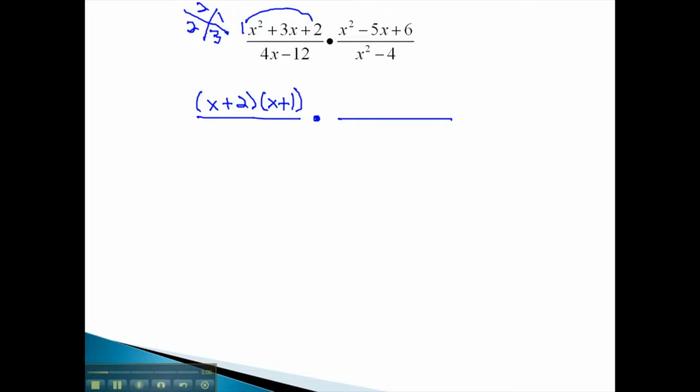In the denominator, we notice with 2 terms, they have a greatest common factor of 4. Factoring out the greatest common factor of 4 leaves us with x minus 3. In the second fraction, in the numerator, we notice with 3 terms, we must use the AC method, multiplying to 6 and adding to negative 5.